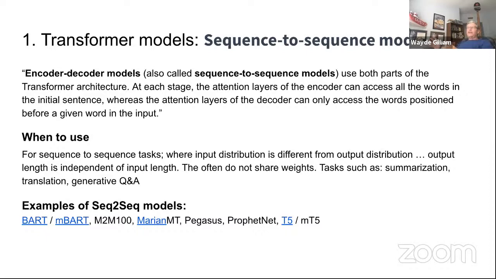And it's also good to use where the output is highly dependent on the input. So this is good for tasks like summarization, right? Where you have a big article and you want to accurately summarize in a sentence or two, or in translation, or also in generative QA, where instead of extracting the answer, we're asking the model to actually just generate the answer.